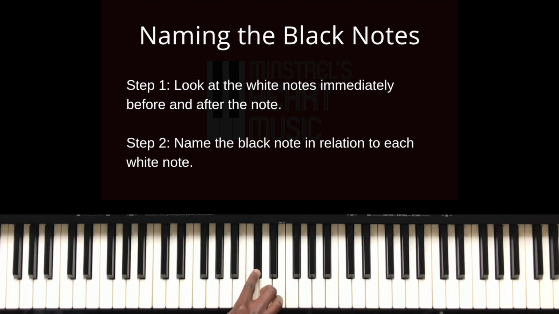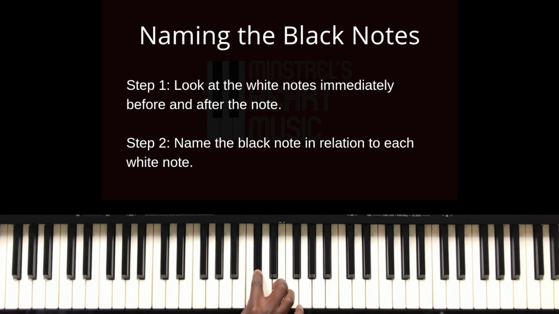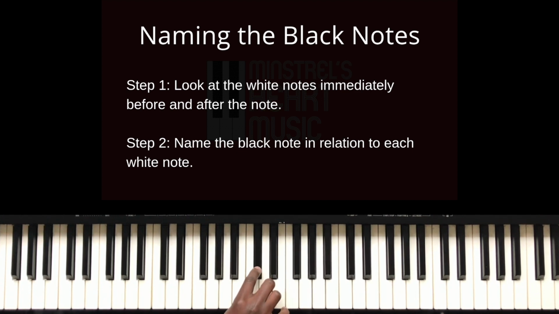And relative to D, this note is flattened. Alright? Relative to C, this note is sharpened, so this is a C sharp. Relative to D, this note is flattened, so this is also a D flat. So we can call this C sharp or D flat.